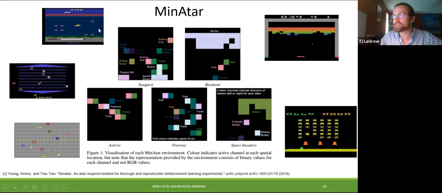Seaquest is a game I don't think I've played in a very, very long time, but the others, such as Freeway or Asterix or Space Invaders and Breakout, are all contextualized in a way that is able to utilize this 10 by 10 space.